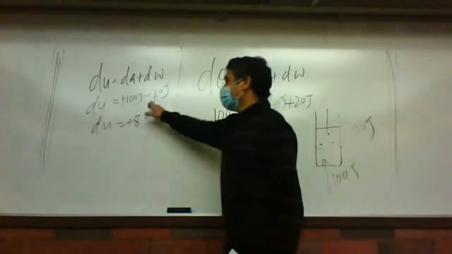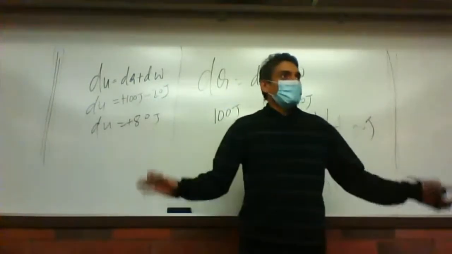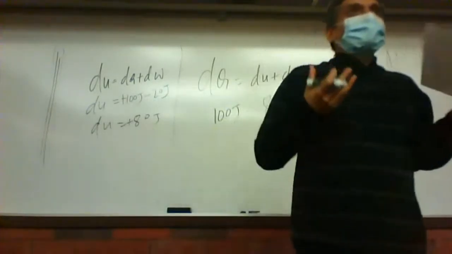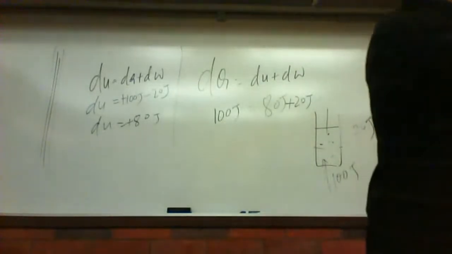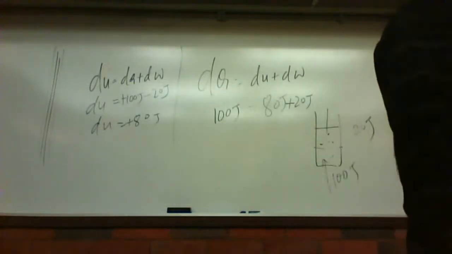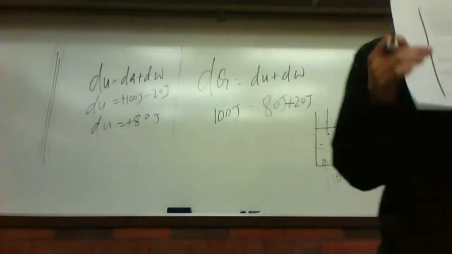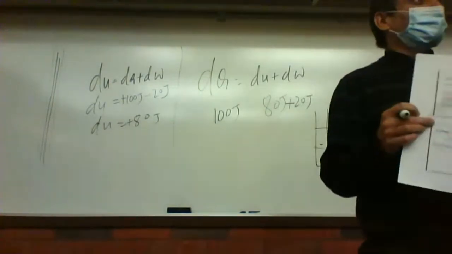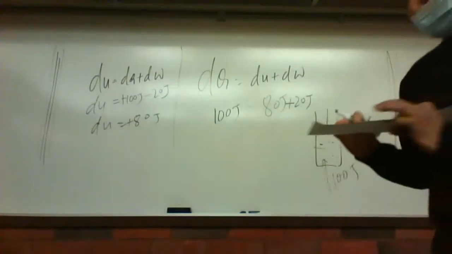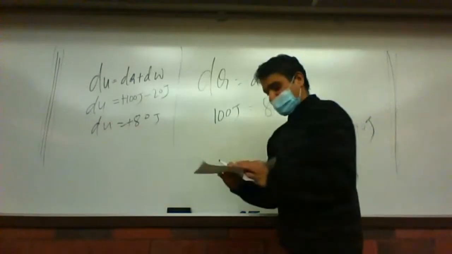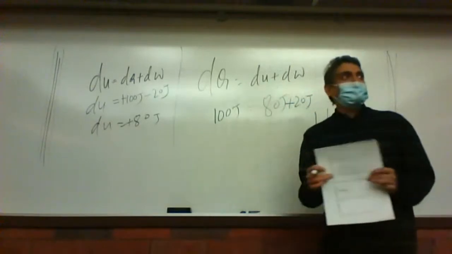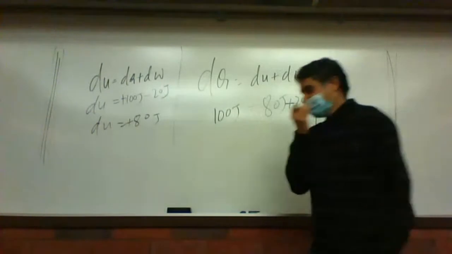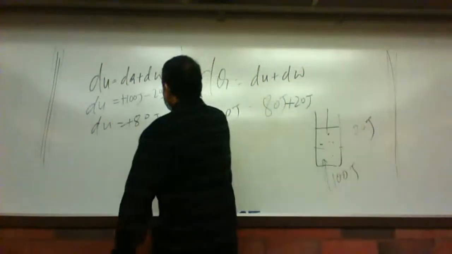Another way you can do it like this also. Ultimately, the heat absorbed dq must be equal to the sum of those two numbers, dW plus dU. I wrote that in the first slide, so you can read it yourself. I posted this yesterday evening, so just read those concepts.